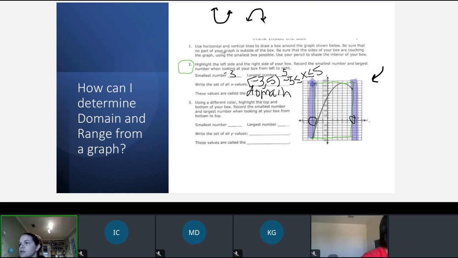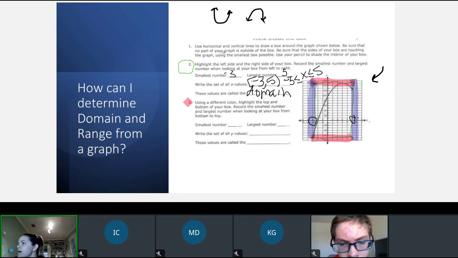All right, so then number 3 down here says use a different color and highlight the top and bottom. So when we're working with quadratics, the range is what can be the trickiest part because domain is easy. I just look at my endpoints. But with a quadratic, one of my endpoints will be max or min, right?